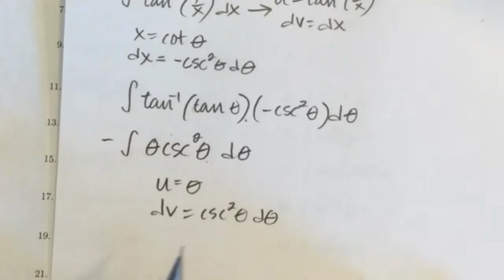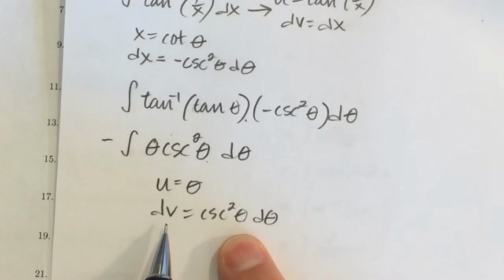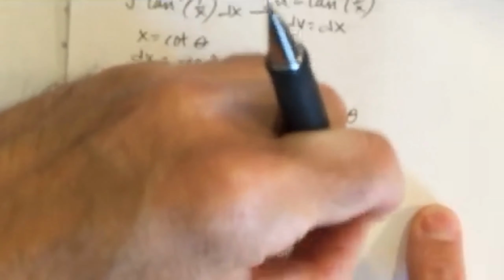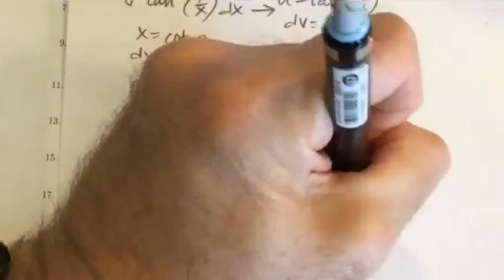Well, if you want dv to be cosecant squared theta, then you can just anti-differentiate that. It's just going to be negative cotangent. So du is d theta, and v is negative cotangent theta.